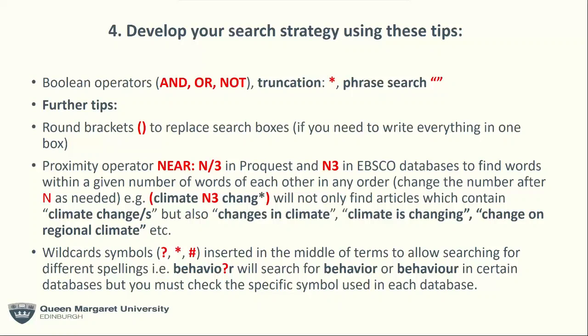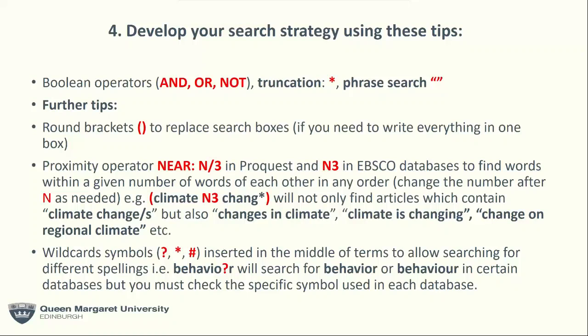The proximity operator N stands for near. This is useful sometimes instead of searching for an exact phrase. It gives you flexibility to retrieve articles that not only contain the exact phrase, but also a combination of the words within a given number of words of each other.